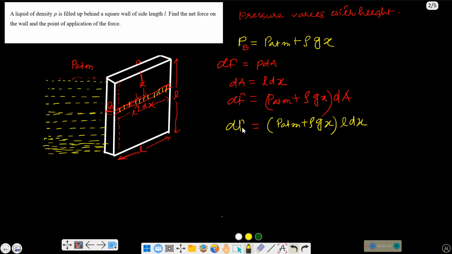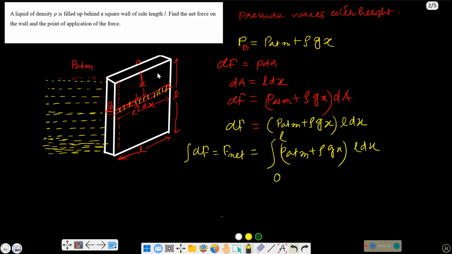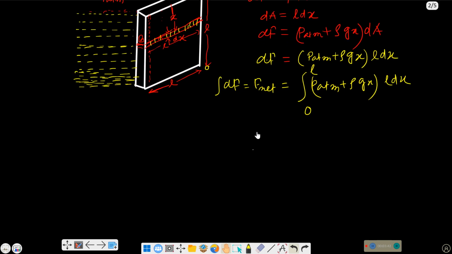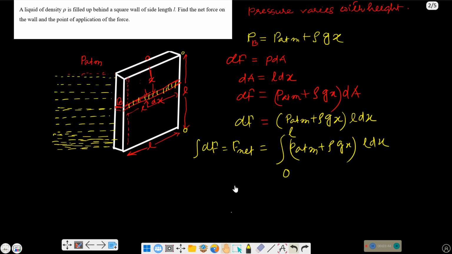Now we need to calculate the net force. So for the net force, we will integrate this. F net is equal to p atmosphere plus rho g x into L dx. We need to integrate from 0 to L, obviously, because the height varies from 0 to L, okay.